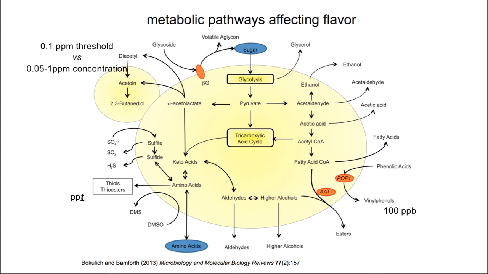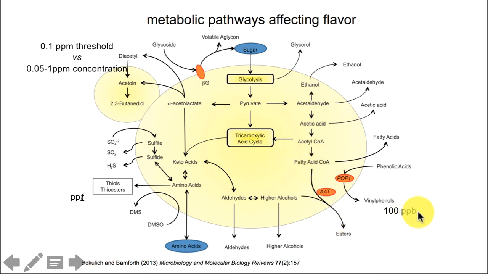Okay, big picture. Inputs are blue: sugar and amino acids. Glucose feeds the pyruvate and keto acid pool, and amino acids feed the keto acid pool too. All those same major outcomes are presented here. Ethanol we're already familiar with as a product of pyruvate. Acetyl-CoA leads to fatty acid synthesis, which leads us to esters, a critical flavor endpoint, as we'll see.